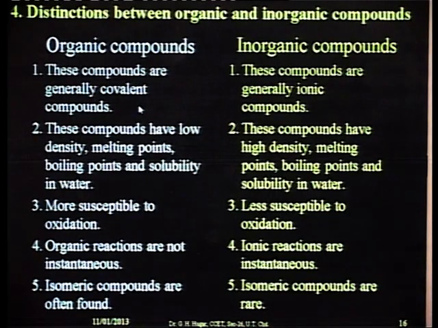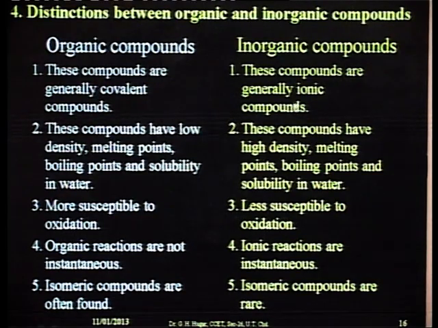In addition, there may be some other atoms like nitrogen, sulfur, and sometimes metals also come, but essentially an organic compound is composed of carbon and hydrogen. In inorganic compounds it is not necessary that carbon and hydrogen must be present, and most inorganic compounds are generally ionic compounds.